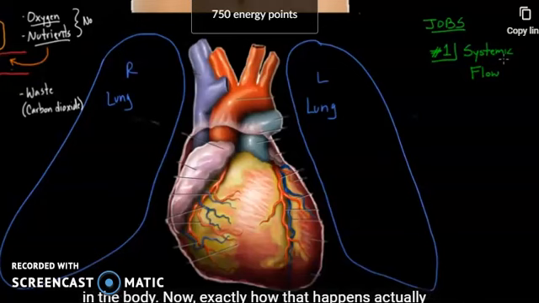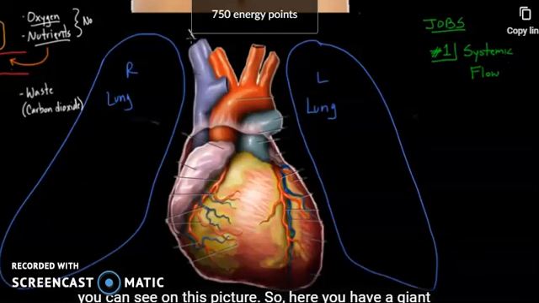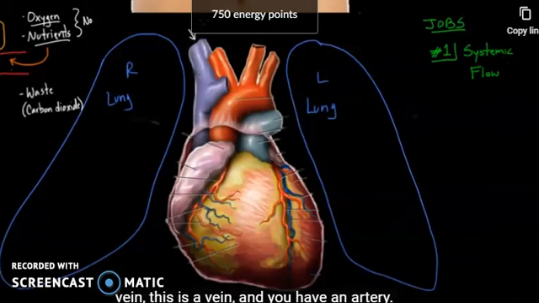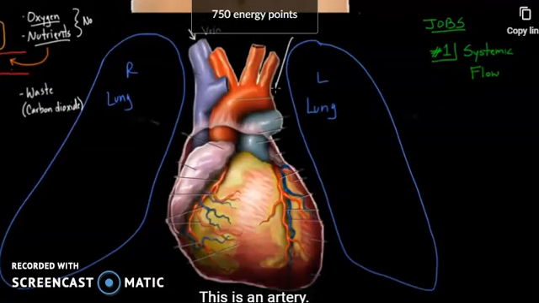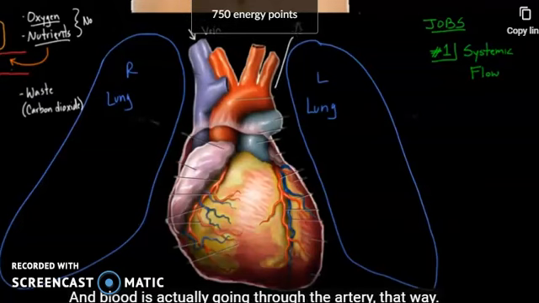Now exactly how that happens we can see in this picture. We have a set of veins and arteries. The blood is going through the artery this way.